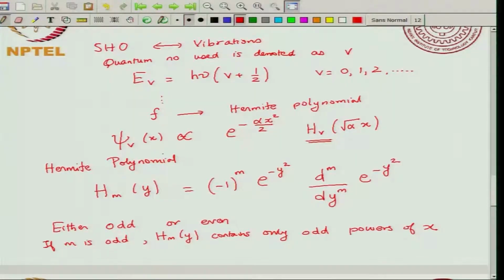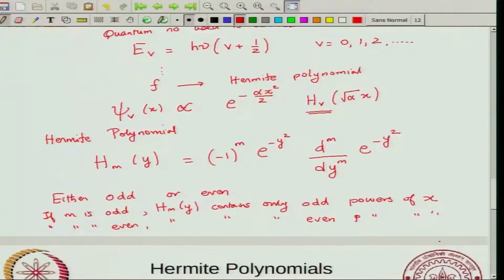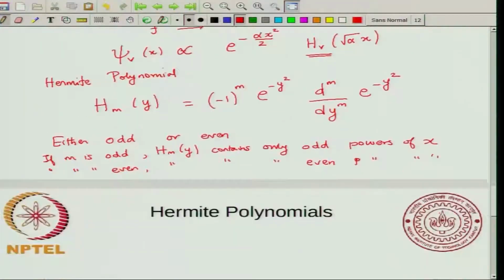And if m is even, then Hm of y contains only even powers of y. So basically the Hermite polynomials will be either odd or even functions depending on whether m is odd or even.